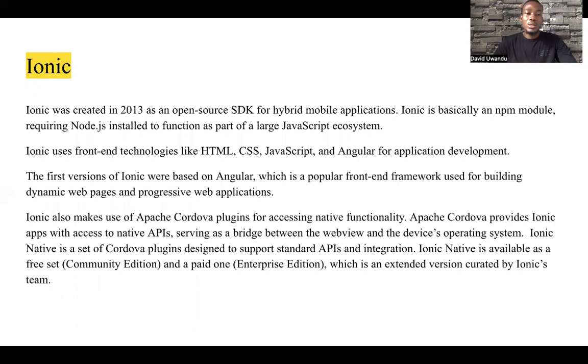Now, Ionic Native is a set of Cordova plugins designed to support standard APIs and integration. Ionic Native is available as a free set or a paid edition. And this will help you build apps that can interact with the native components of that operating system.